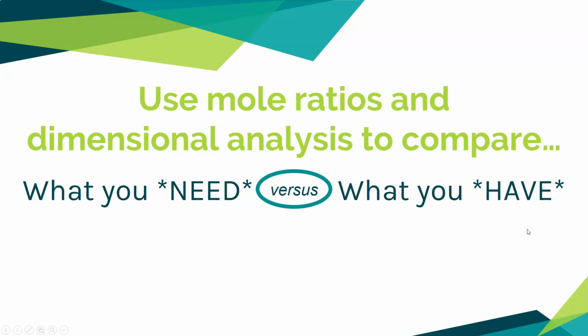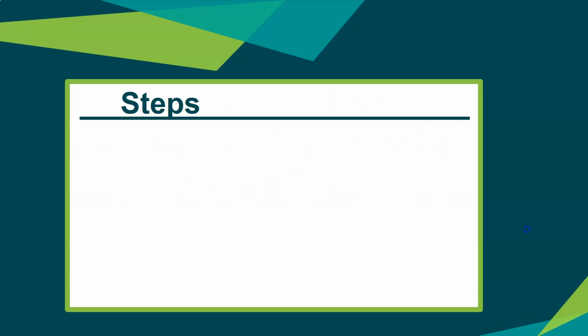So some very generic kind of chunked steps just to remind you of what you need to do. These are not super detailed, okay? They're just reminders. The first step is that we're going to be converting from grams to moles. Remember, the moles are what we want. We always try to get to moles.